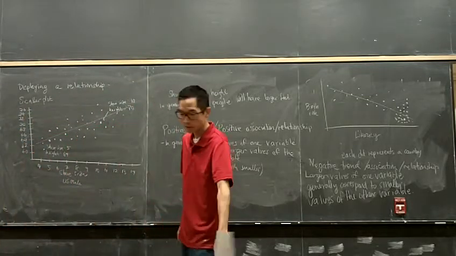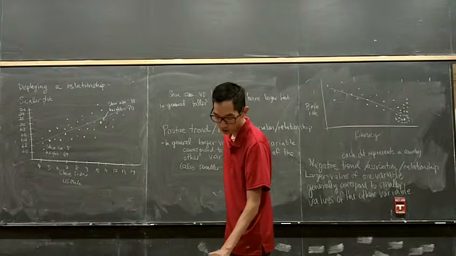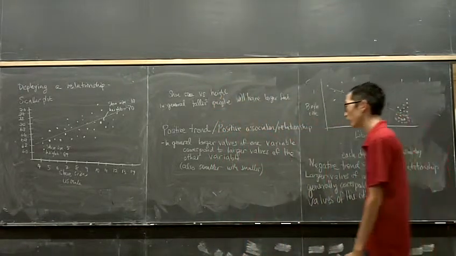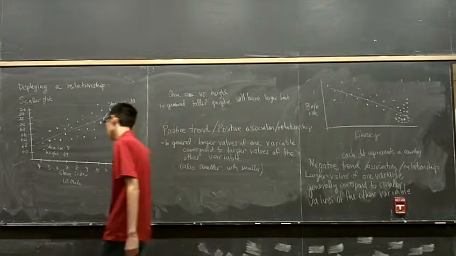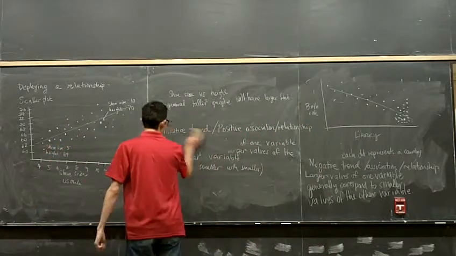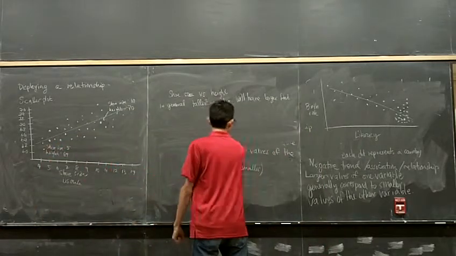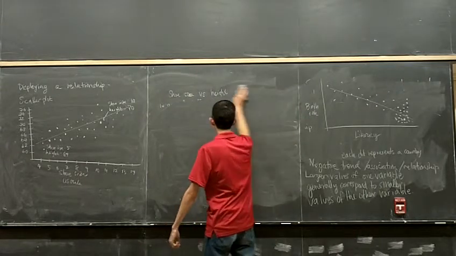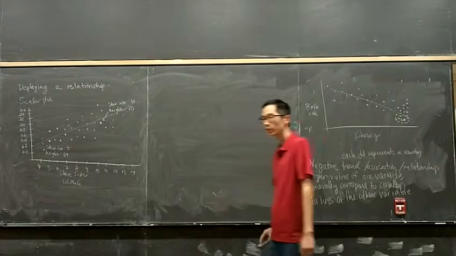So that's positive and negative relationship. And then we can also talk about the strength of a relationship. When we talk about positive and negative, that's the direction of a relationship.